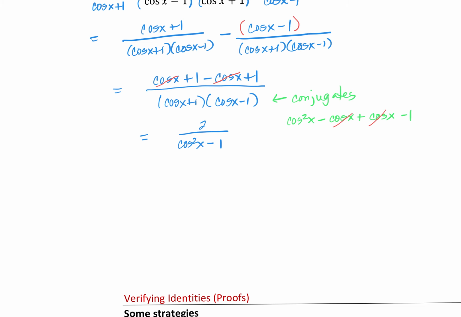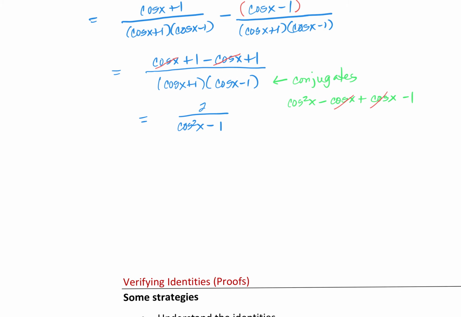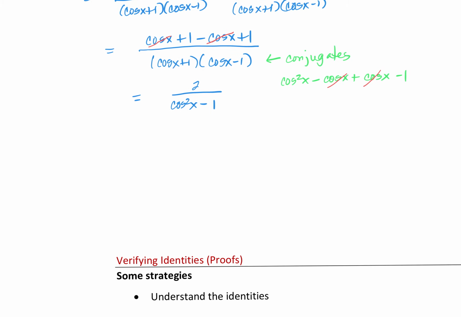But now cosine squared minus 1, it's not quite our identity. Recall that our identity is sine squared plus cosine squared is equal to 1.